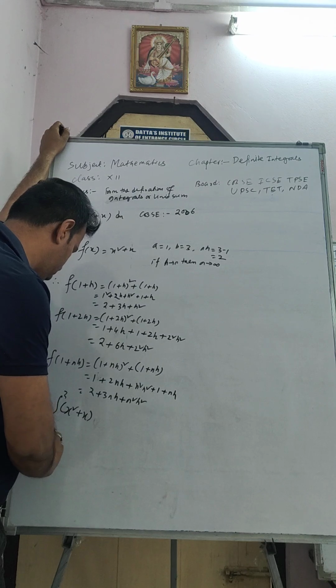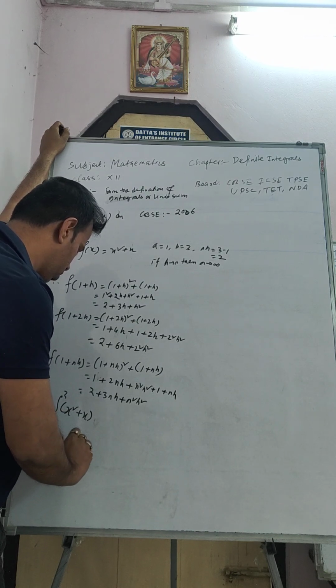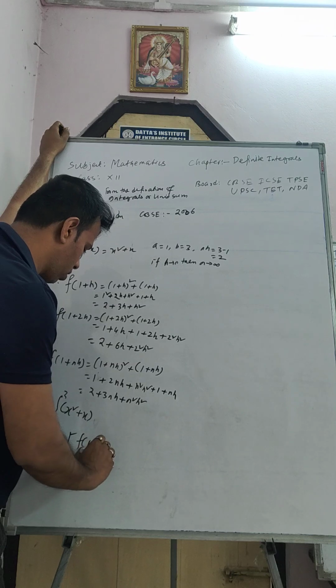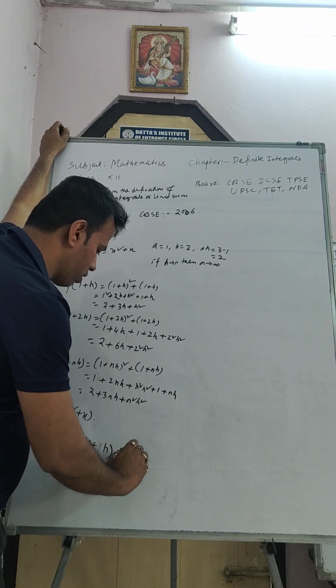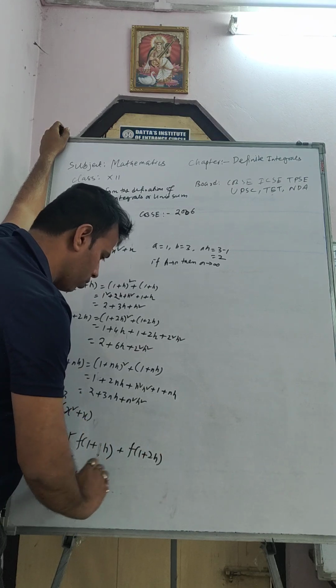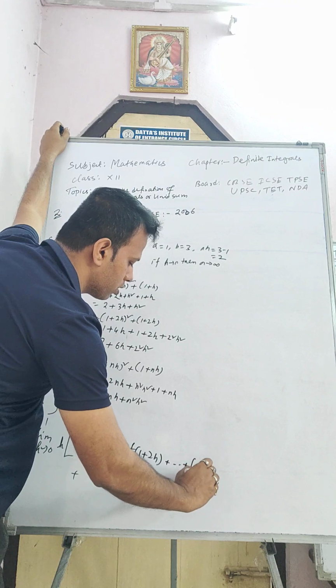It is equal to limit h tends to 0 of h into f(1 plus h) plus f(1 plus 2h) plus dot dot plus f(1 plus nh).